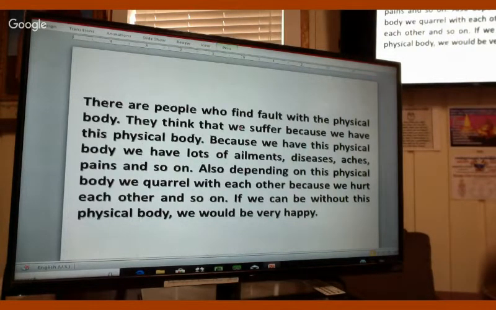If there's a physical body, many diseases, aches, pains, many things appear in the body. All of these are kinds of suffering. So they think like this, and then they don't want it. That's why they want to be without a physical body. That's why they practice Arupa jhana, isn't it? But this view is not right view.